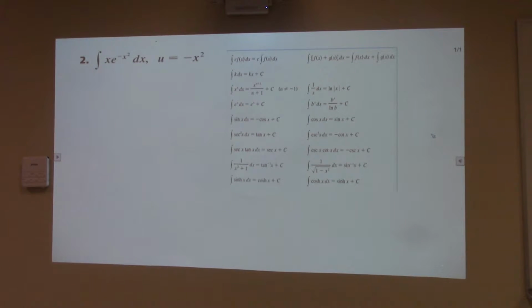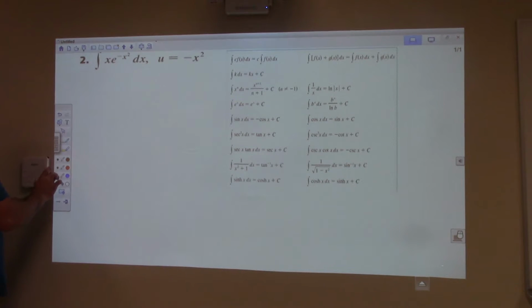Just remember you've got x, e to the negative x squared, and then take du. du is going to be negative 2x dx. And then see what you got. It'll work out. Just do it step by step. This is kind of like those problems in algebra where the teacher told you to do it step by step.